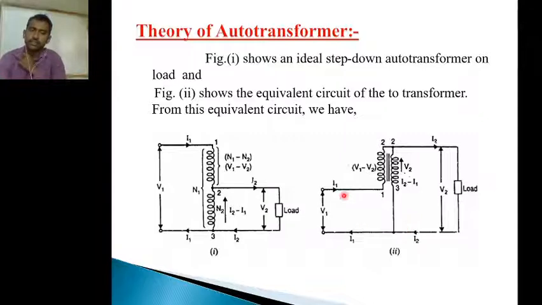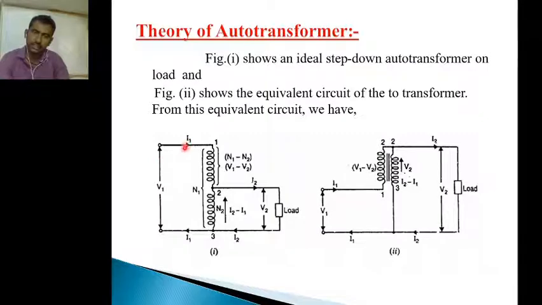So here figure 1 shows the ideal step down transformer, and the equivalent circuit diagram for this is as shown in figure 2. Here we have N1 number of turns, and of those, N2 number of turns we consider for the load, and the N1 number of turns are connected to the primary side.